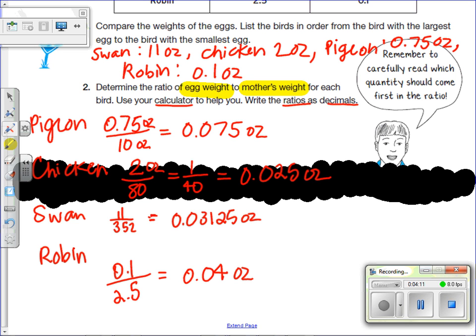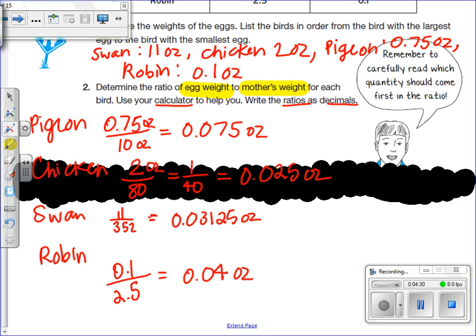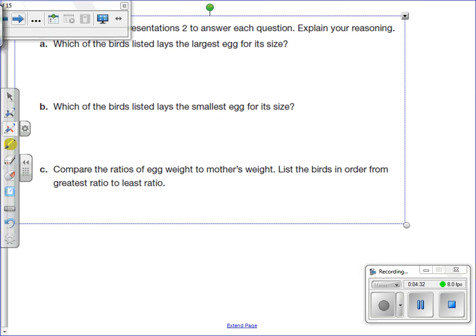We're going to move on to number 3. Number 3 says use your decimal representations to answer each question. Explain your reasoning. So which of the birds listed lays the largest egg for its size? So we're going to kind of come back and forth on this one. So the largest egg for its size.